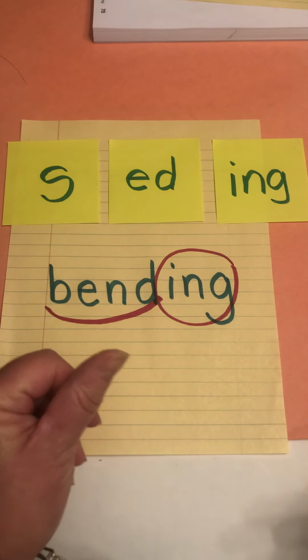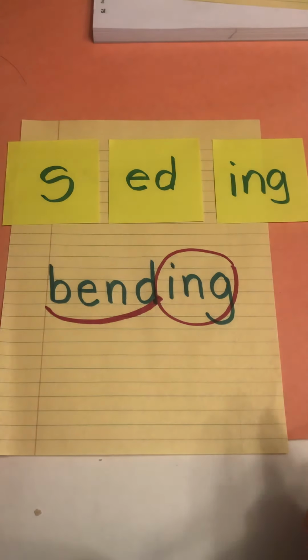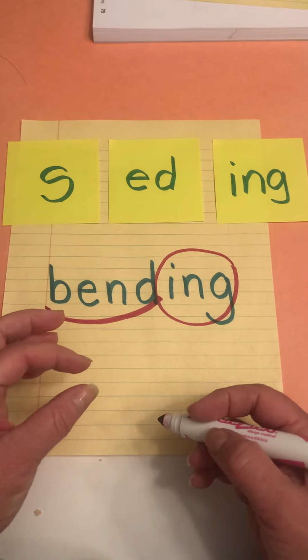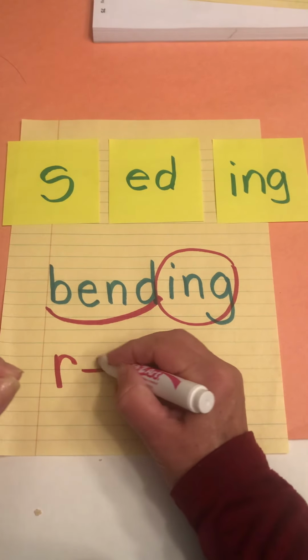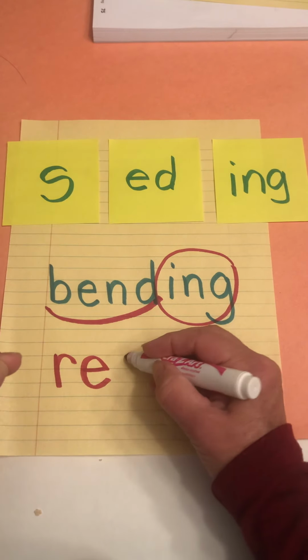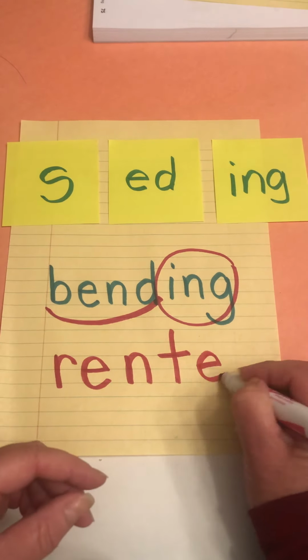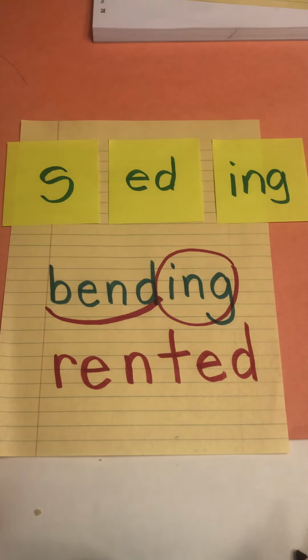Rented. Remember, when we slide it together, that's when we add that ed or ing or s suffix. So let's spell rented. Rented. Now we need to mark our word.